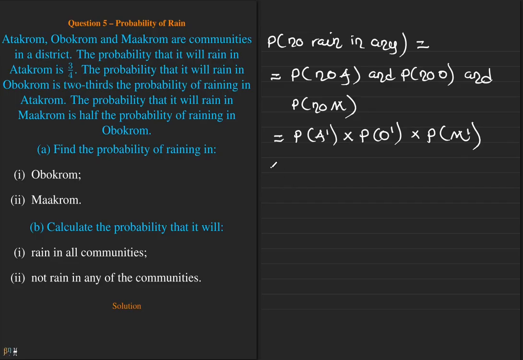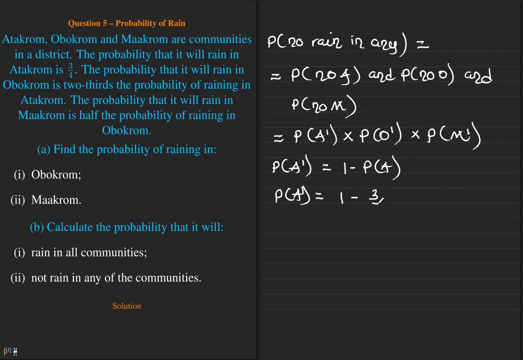We said the probability that an event does not occur is equal to 1 minus the probability that it does occur. You see, so for probability that A does not occur, it is 1 minus the probability that A occurs, which was 3 over 4.